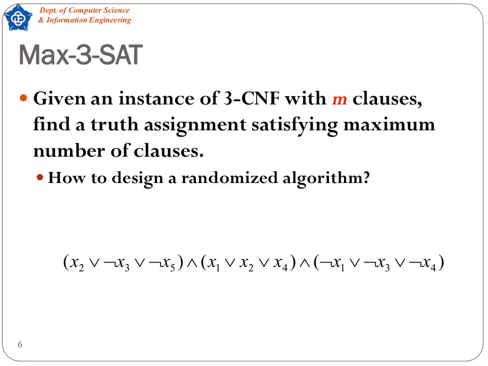Now, a really central question we'll tackle is how to design a randomized algorithm to solve this. For example, consider the 3CNF formula you see here. It's made up of 3 clauses: x2 OR not x3 OR not x5, x1 OR x2 OR x4, and not x1 OR not x3 OR not x4.